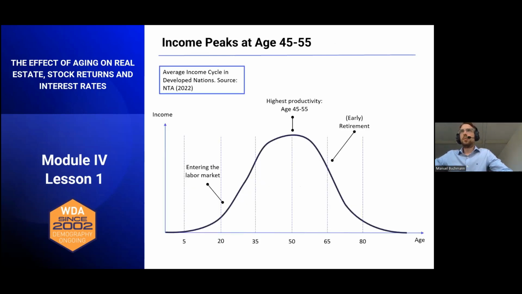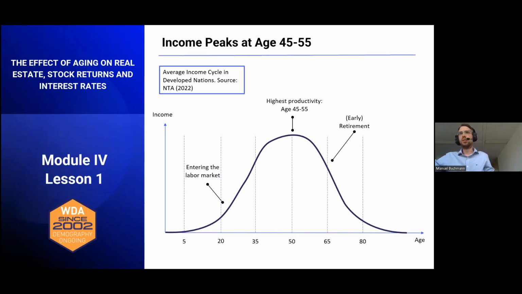I start with the basic income profile over the life cycle. What you see here is how income changes, income on the y-axis, over the age of a typical individual in a developed nation. So on the x-axis, you see the age, on the y-axis, you see income. We start at age 0, where we basically have 0 income.